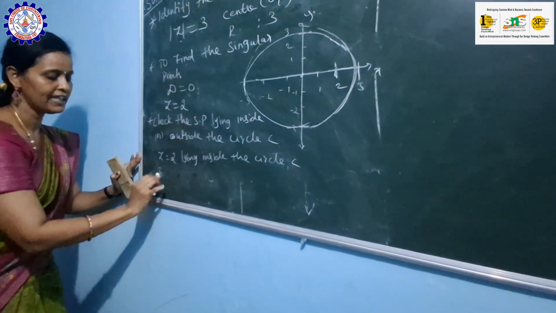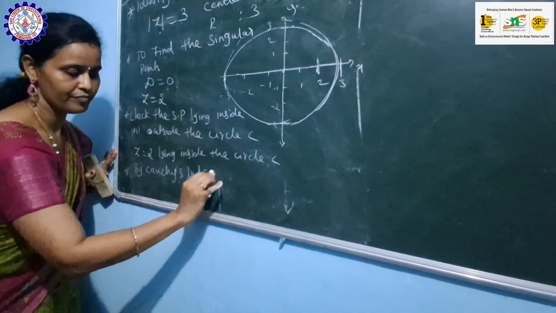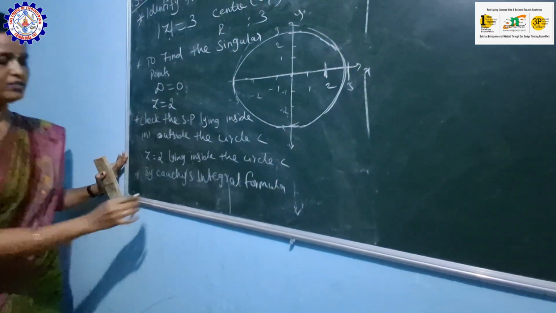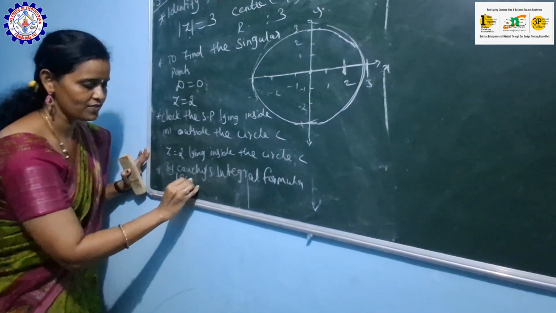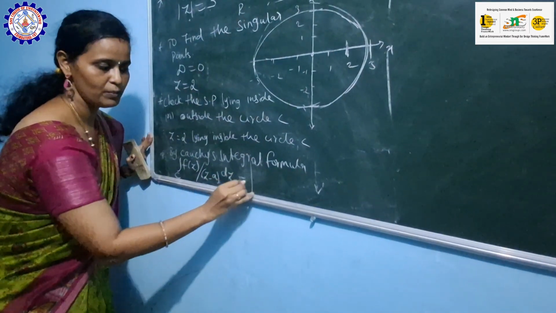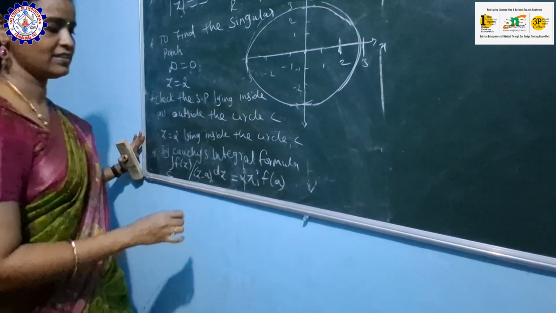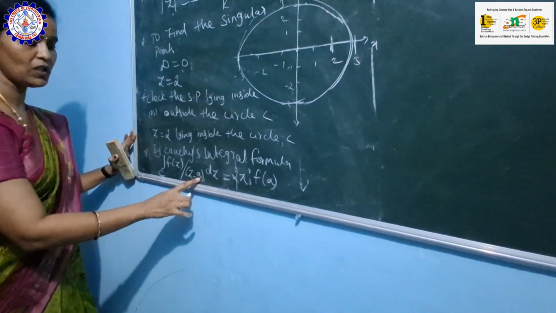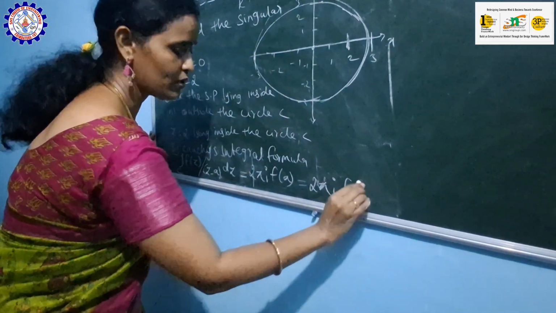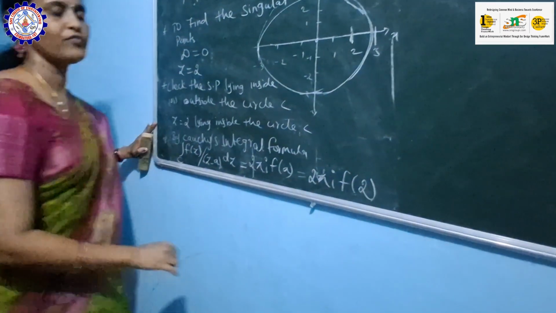By Cauchy's integral formula, the integral over C of f of z divided by z minus a dz is equal to 2 pi i into f of a. Here a is the singular point, which is 2, so we need to calculate f of 2.